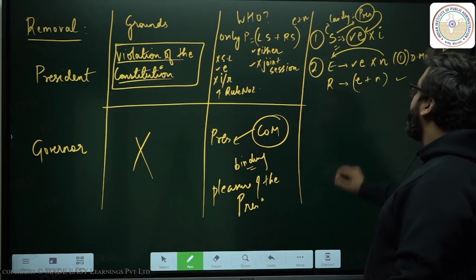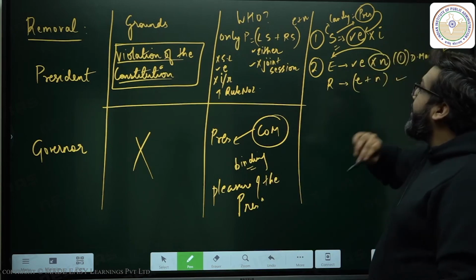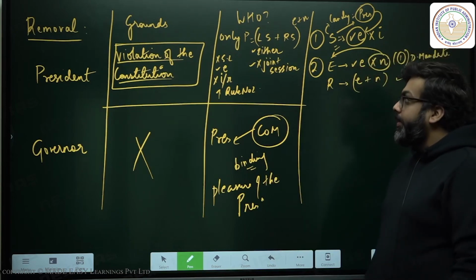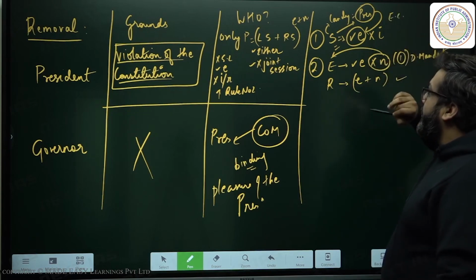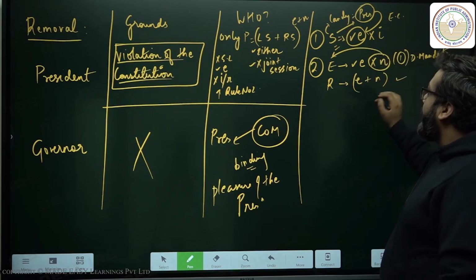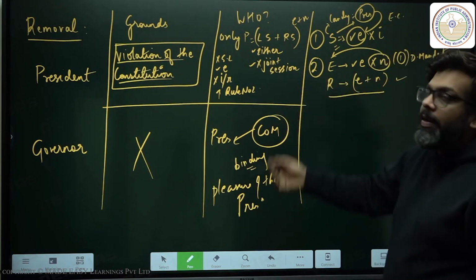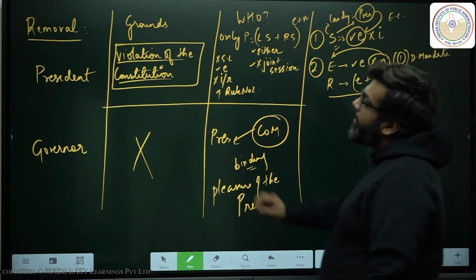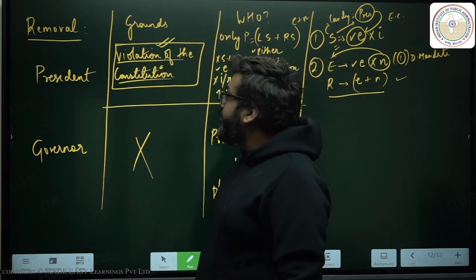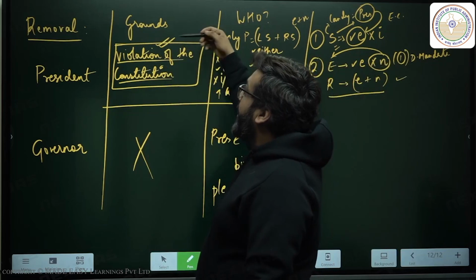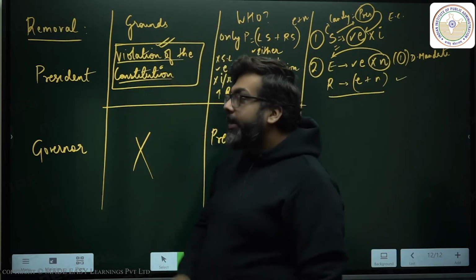But if that is the case, then why are nominated members participating here? Because the election is happening through an electoral college. This process of removal is a parliamentary process, and the grounds here are violation of the constitution, which means the grounds here are actually very legal in nature.